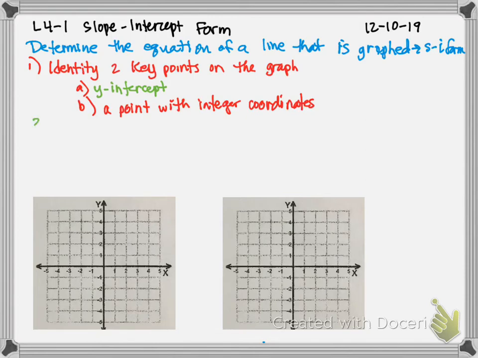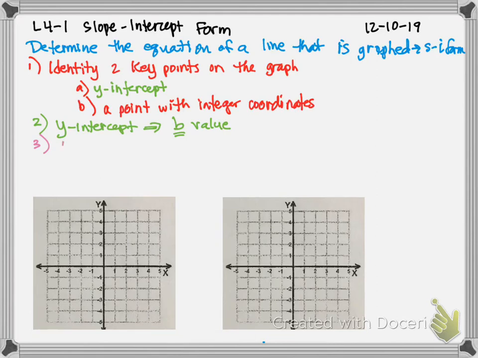So we're going to remember that our y-intercept is our b value. And then we're going to need to determine the m, the slope. And how we're going to do that is to do rise over run.